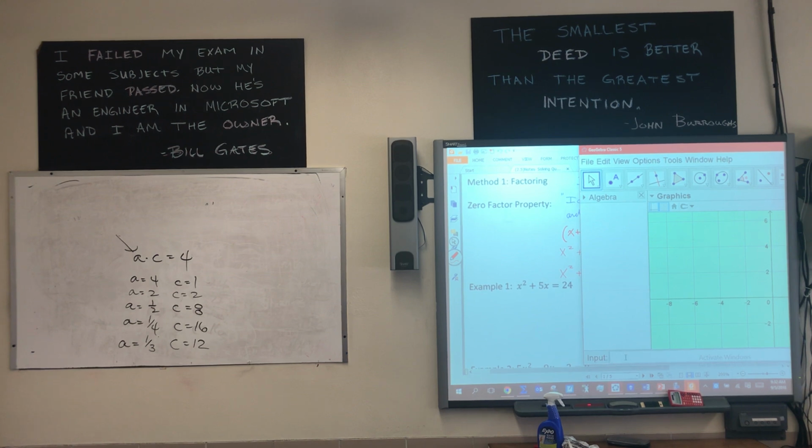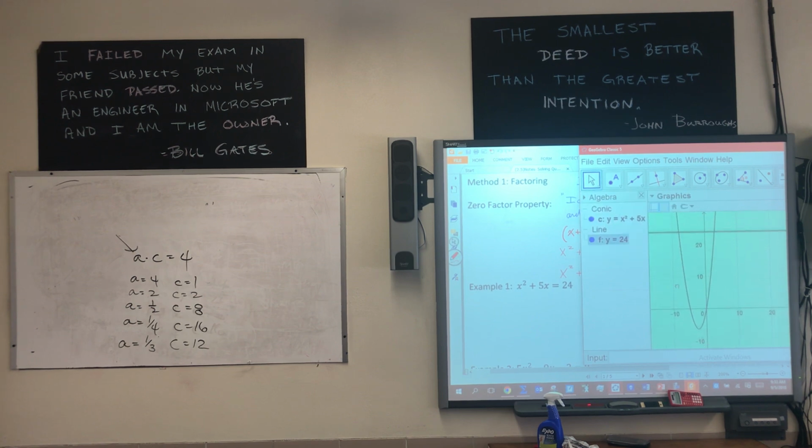So I'm going to take y equals x squared plus 5x. All right, we get that parabola. I'm then going to take the equation y equals 24. That's kind of a boring equation. It's just a horizontal line.